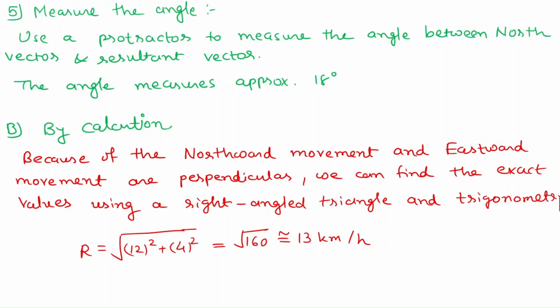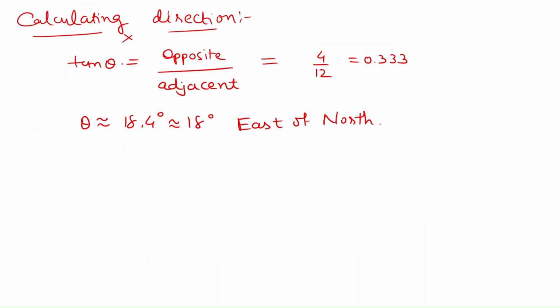Okay. Now, in the scale drawing method, you got direction as well. So how do we find direction using the calculation method? Again, I draw the vector of the ship, or you can say F1. Another vector is F2, of the stream of the water, and the resultant is like this.